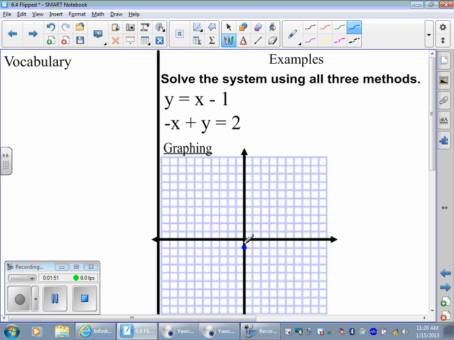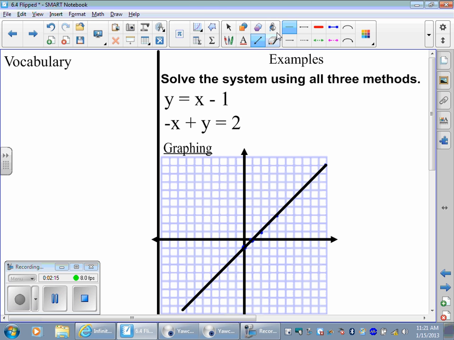The slope is 1, so I'm going up 1, right 1, up 1, right 1, and continuing that pattern, it's going to allow me to graph a really straight line. So there's that line. Now we need to graph the other one, and we need to find the point of intersection. That way we will know the ordered pair that solves the system.